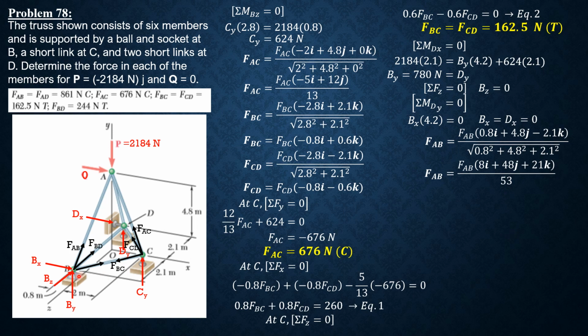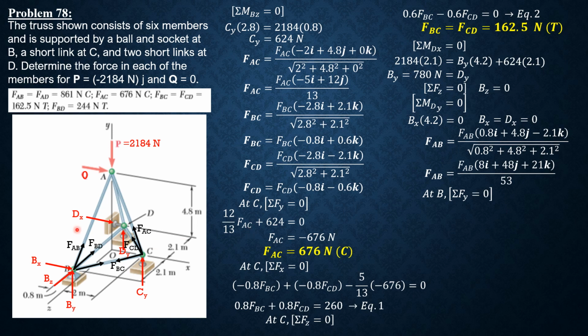Then we already found FBC and already wrote that in vector form. Therefore, summation of forces along y at B equals 0. We can now compute FAB, which is expected to be the same as FAD.